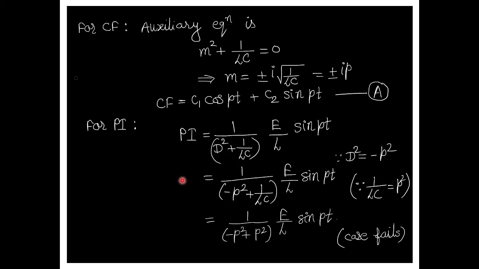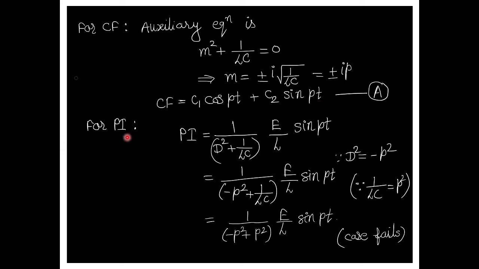Now, for CF, we write the auxiliary equation, substitute D equal to m and find the roots. Roots are m equal to plus or minus i times the square root of 1 by LC, whose value is p, since p square equals 1 by LC. Therefore, the roots are m equal to plus minus ip. CF is given by C1 cos pt plus C2 sin pt.